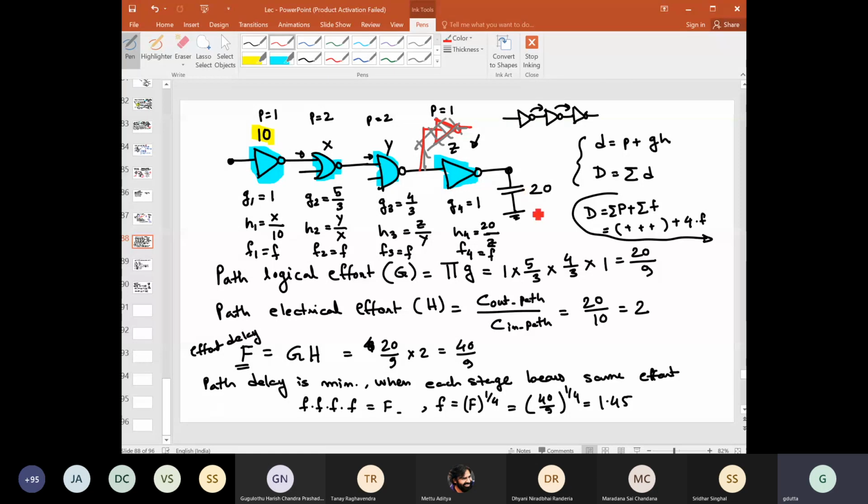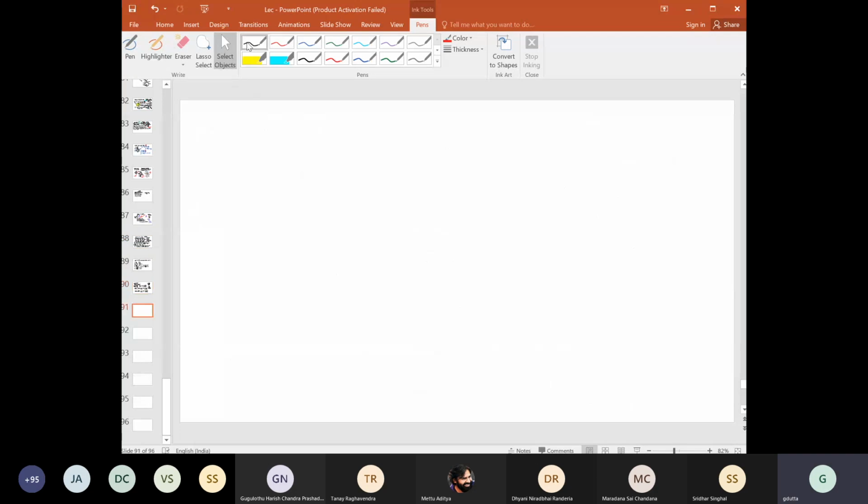You have to charge this 20 and consider the delay in this path only. But in this path, you have one more tapping, and you have tapped one more inverter from the output of this 2-input NAND gate, right? So how do we incorporate the effect of this? Here we need to consider one effect that is called path branching.